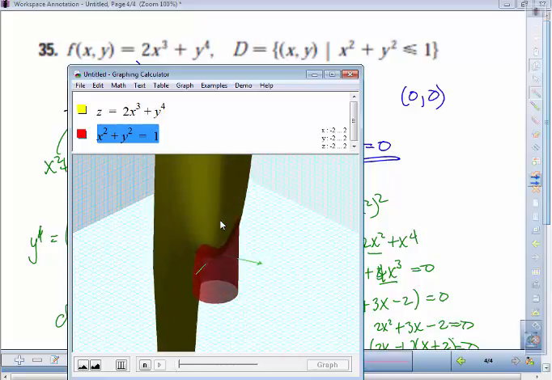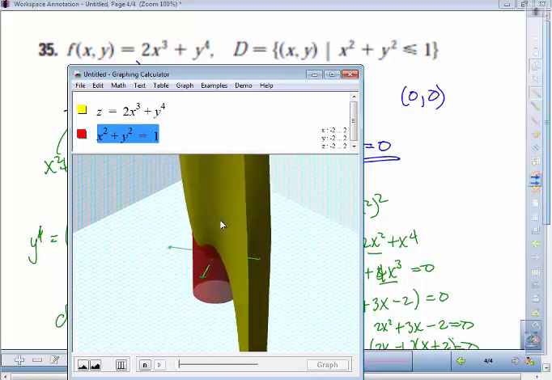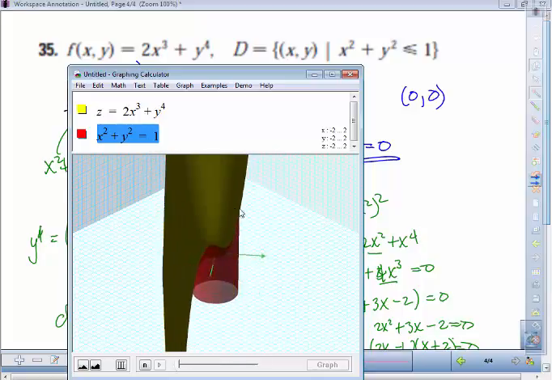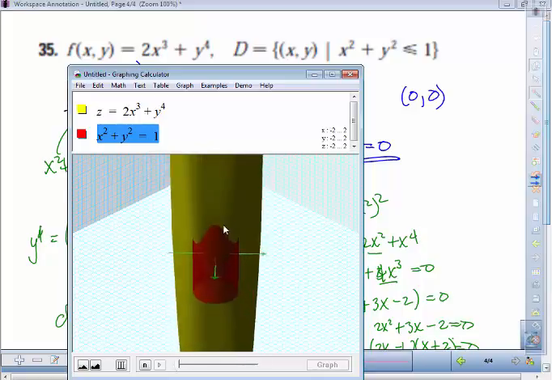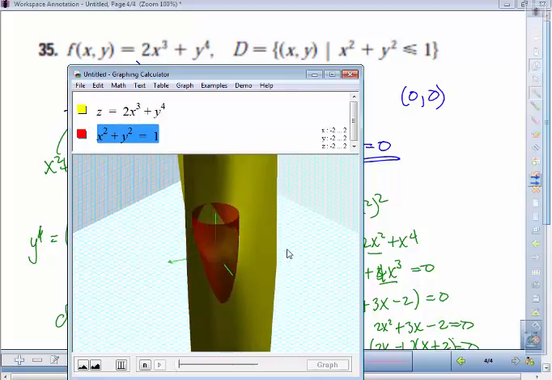And now that I'm looking at it, I think we might have done something wrong because I tried to take a little shortcut. And I'm seeing a maximum value that's all the way up on top. So I need to freeze it here. I'm seeing the maximum value as being this point up here, and the minimum value as being this point down here. So I think we might have done this incorrectly.